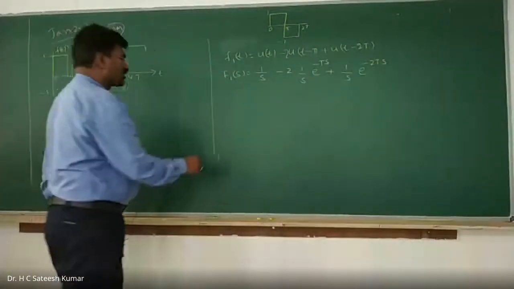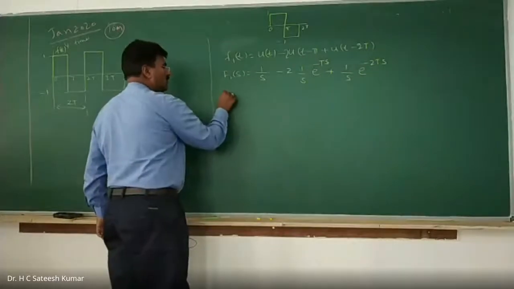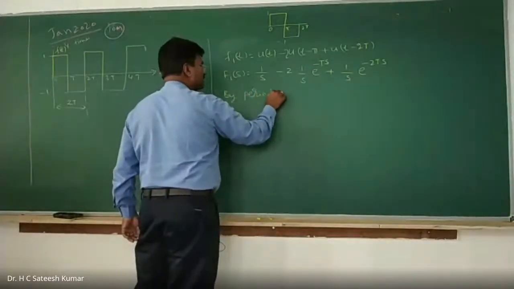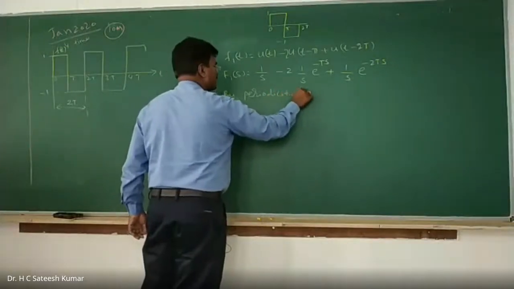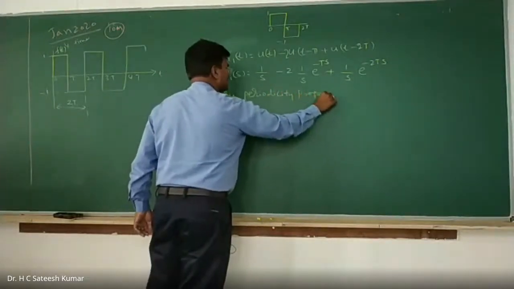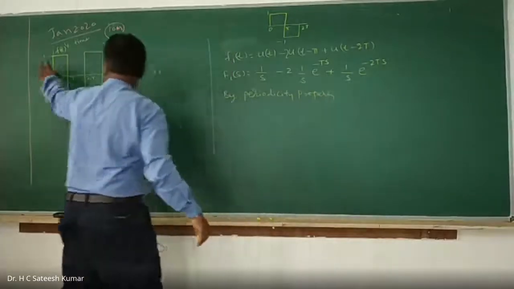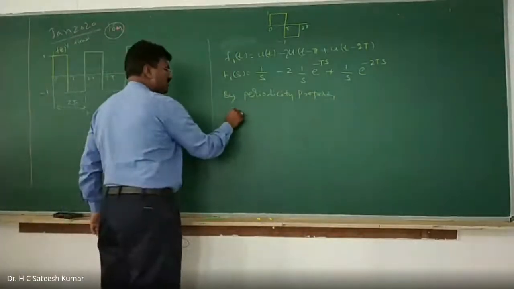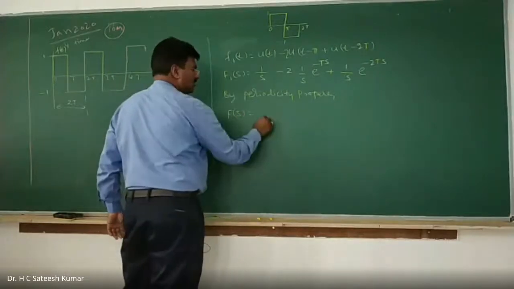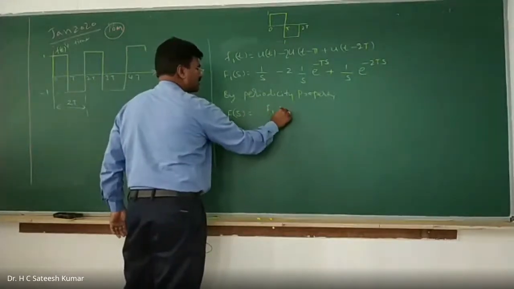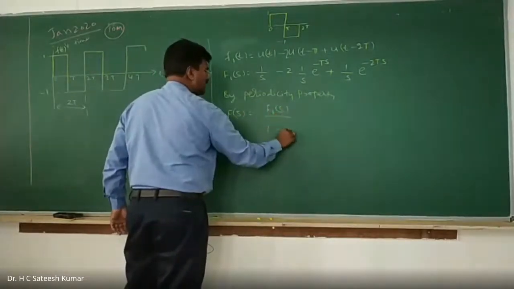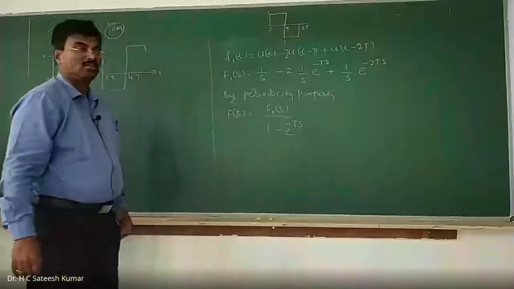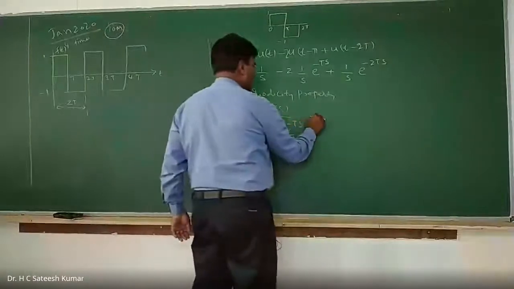But what is F of s? We know by the periodicity property, f of t is this one, and the Laplace transformation of f of t we call F of s. F of s is equal to f1 of s divided by 1 minus e to the power of minus Ts, where T is the period. But here the period is different.